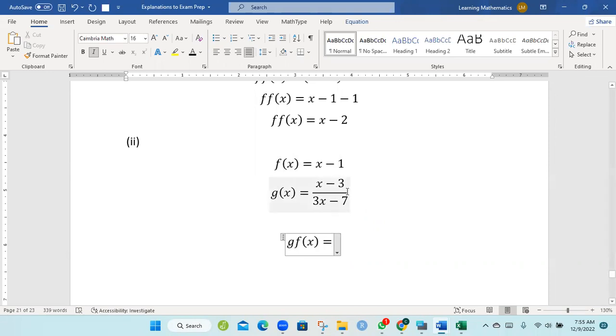So always when we see x in g, we have to put f. So we have to put f here, and we have to put f here. Now what is f? f is x minus 1. So x minus 1 has to come here, and x minus 1 has to come here, and then we simplify.